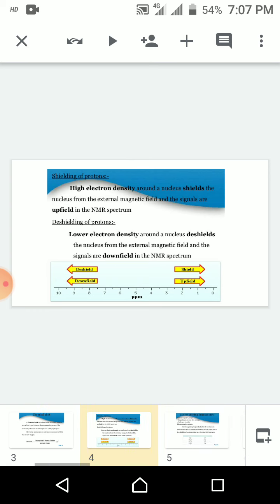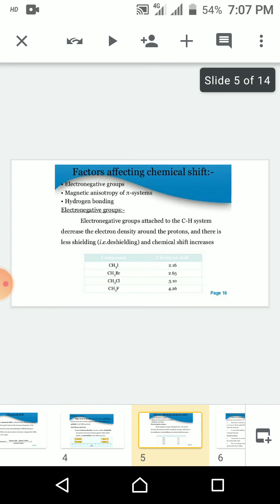The next important term we discuss is factors affecting chemical shift. Which factors affect the chemical shift? They are electronegative groups, magnetic anisotropy of pi systems, and hydrogen bonding.